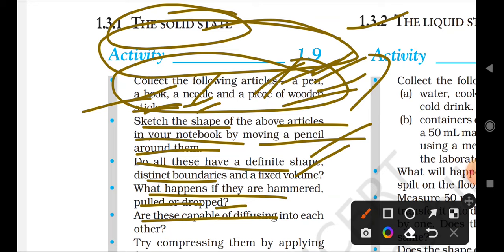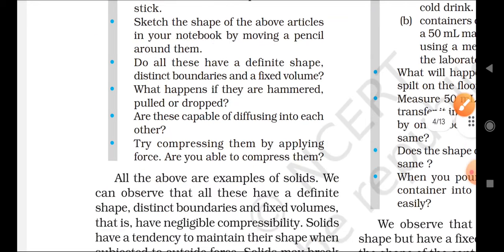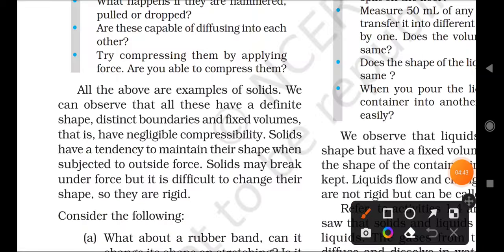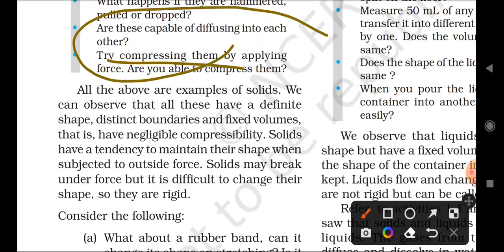Are they compressible or not? You have to observe this from the activity. From this activity we conclude that the pen, book, needle, and piece of wooden stick are examples of solids.